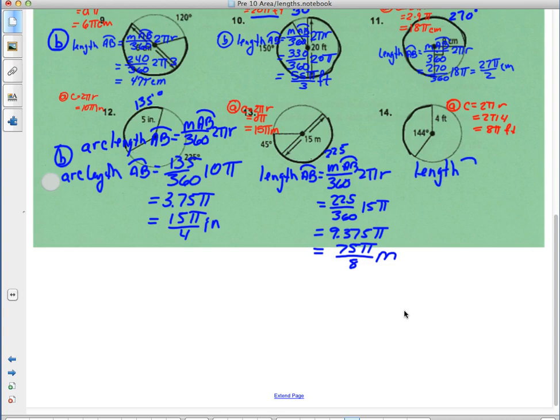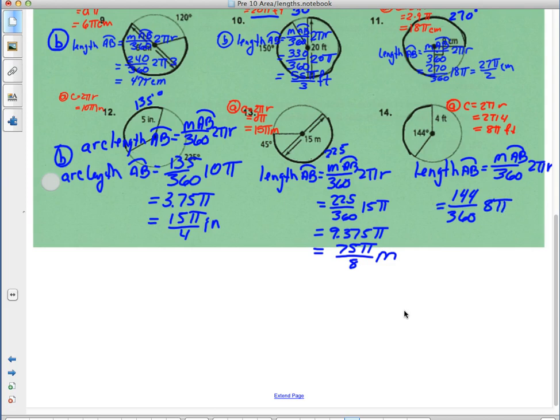Okay, in 14, when I'm looking at this, same formula. The length of arc AB is equal to the measure of arc AB over 360 2 pi r. And I've got this set up as 144, so I got 144 degrees over 360 times 8 pi. And that's what my 2 pi r is, 8 pi.